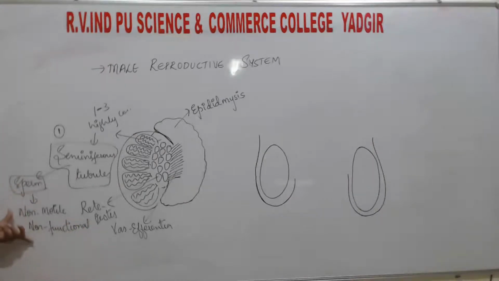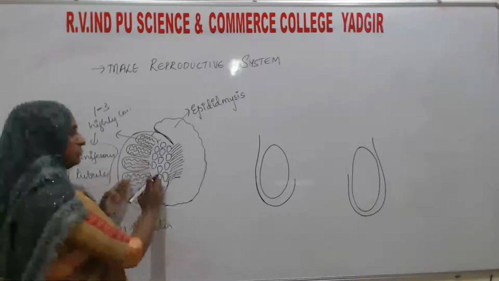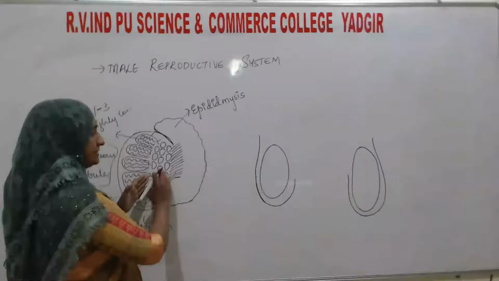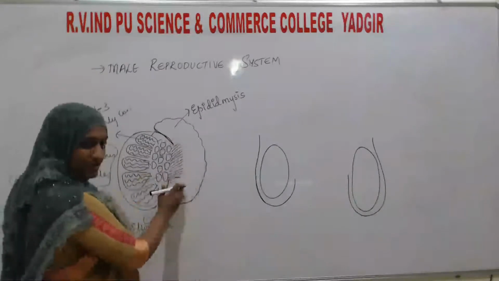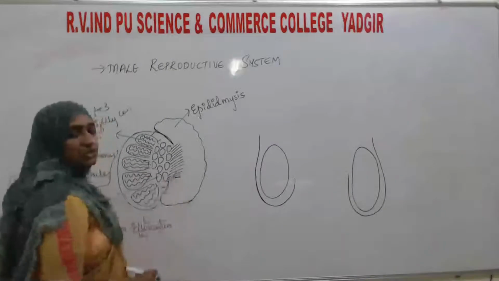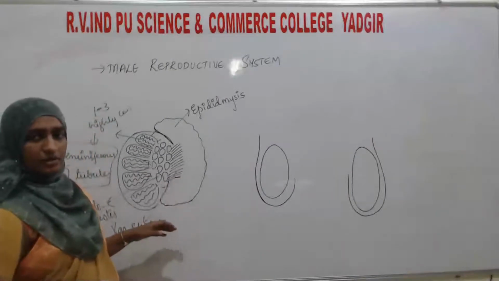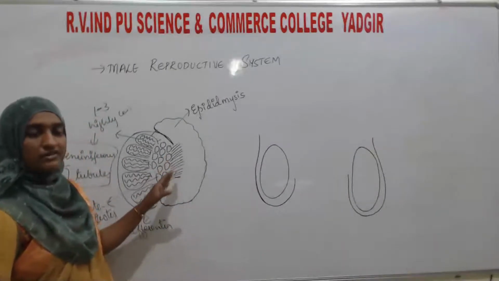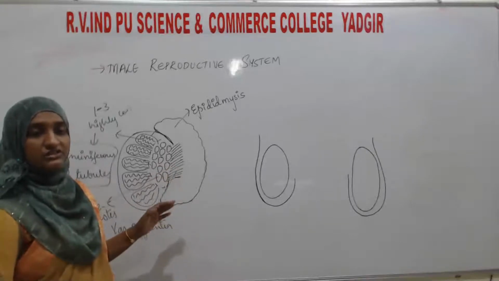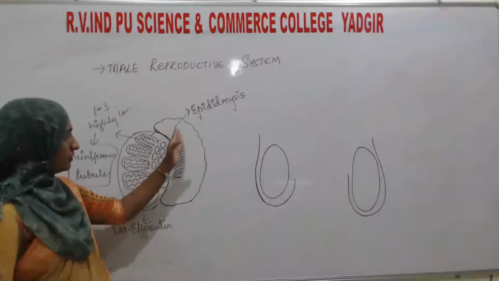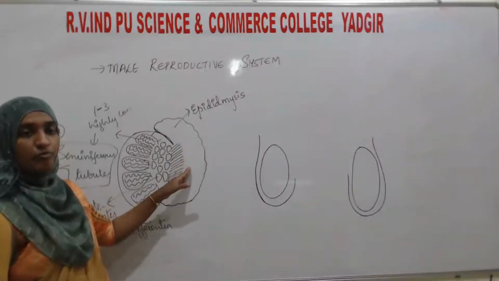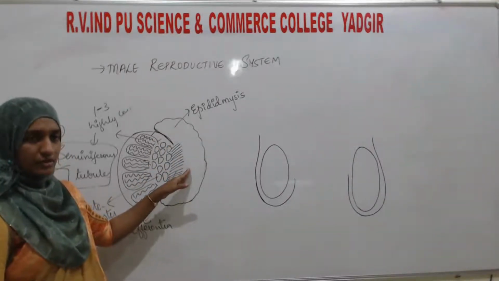So these sperms are transported to the rete testis, then to the vasa efferentia. Then when they come to the epididymis, they will become functional and motile, because some physiological changes are going to take place. Those physiological changes make them motile and functional.